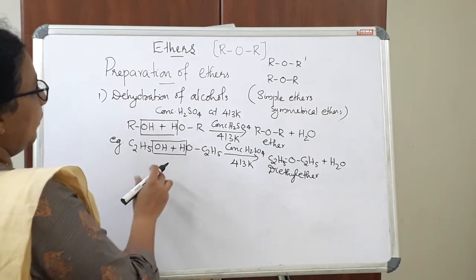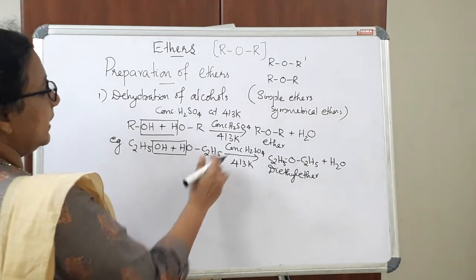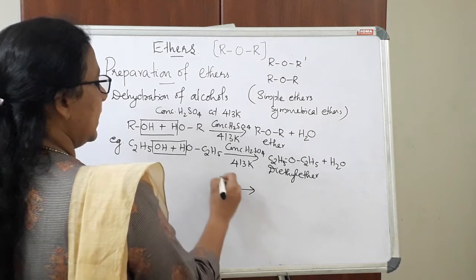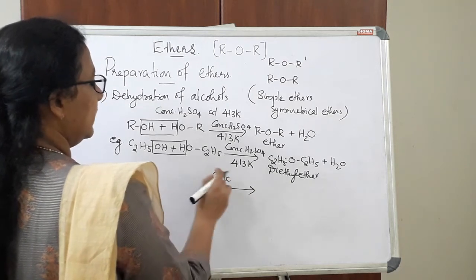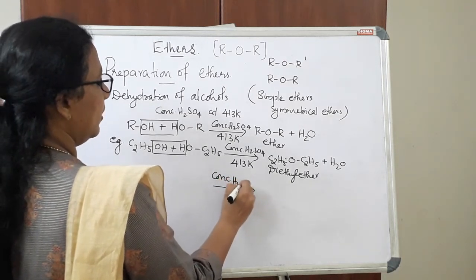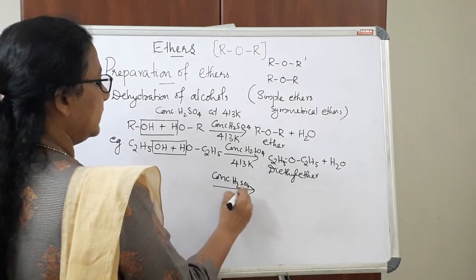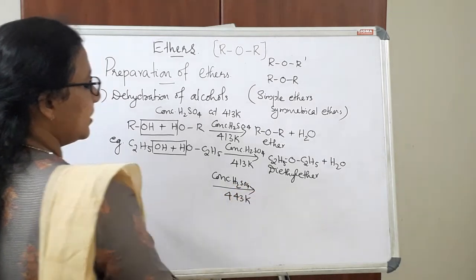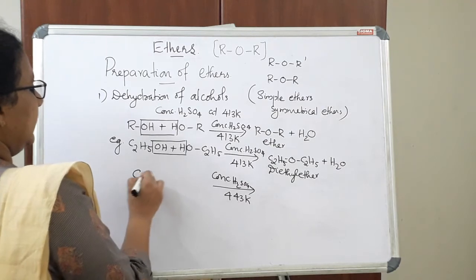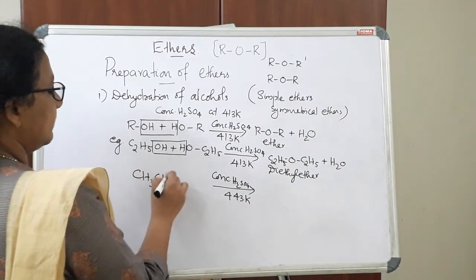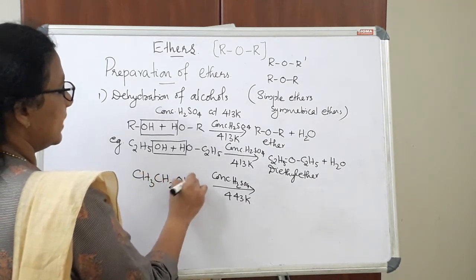One point to be noted: if the reaction condition is a little different, that is concentrated H2SO4 at 443 Kelvin, if the temperature is different, dehydration of alcohol takes place in this case also.